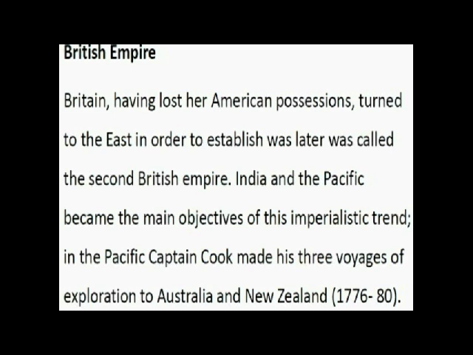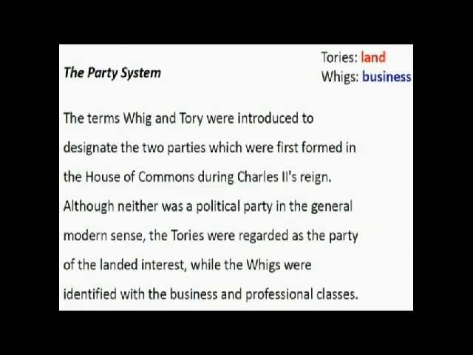Let's talk about the party system. So the two main parties were the Whigs and the Tories. The Whigs, in a way, you can think of them as those who represented the middle classes, the business classes, while on the other hand the Tories were more based on the land, on the aristocracy.